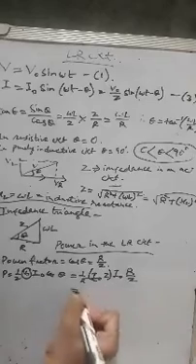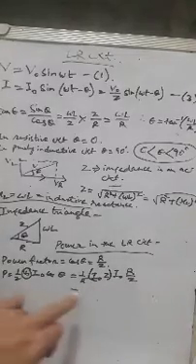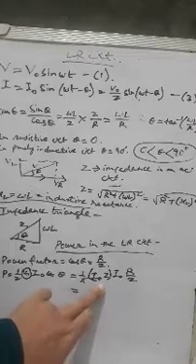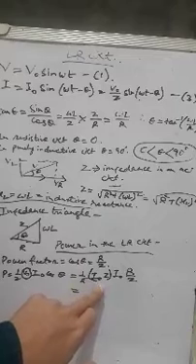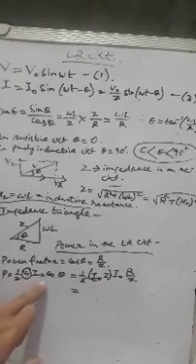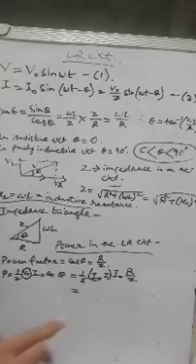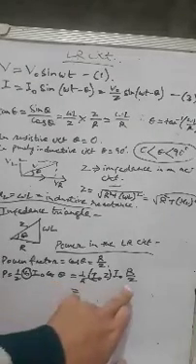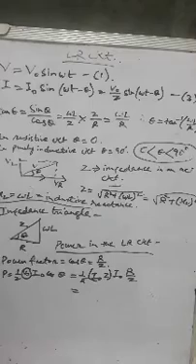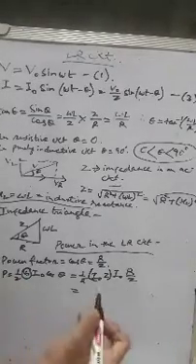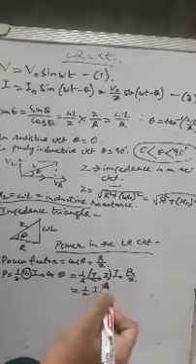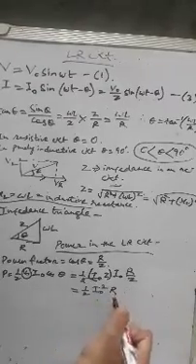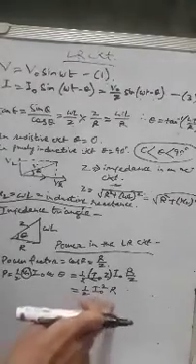Instead of writing V naught, I've used I naught Z. So half I naught Z is for your V naught, and the rest, I naught, I have written here also, and for cos theta I have written R by Z, because cos theta's value was R by Z. Let us reduce the term: it will be half I naught square, Z and Z will get cancelled and we are left with only R. That means half I naught square R.